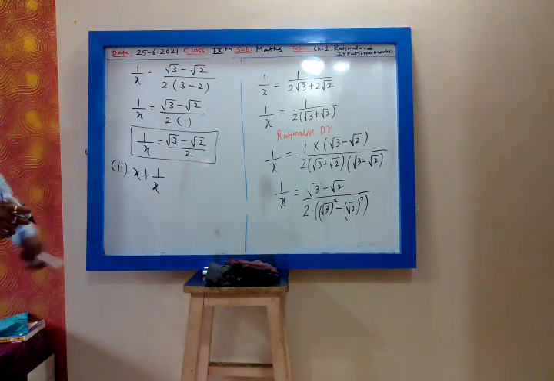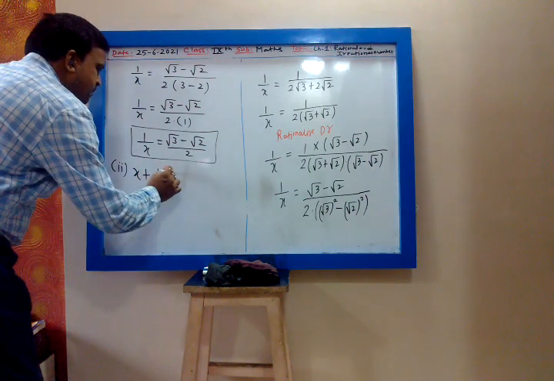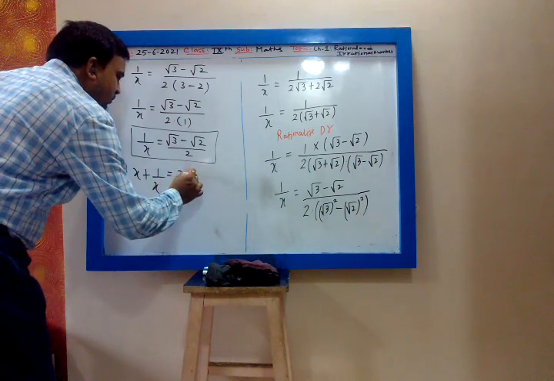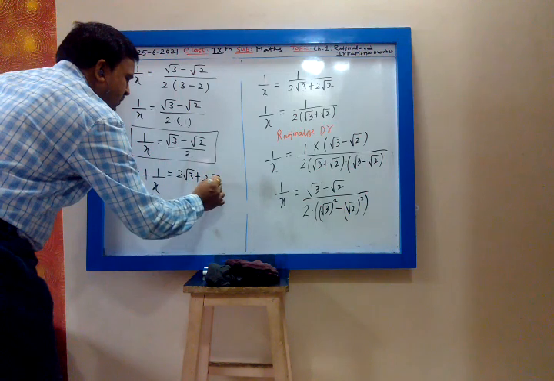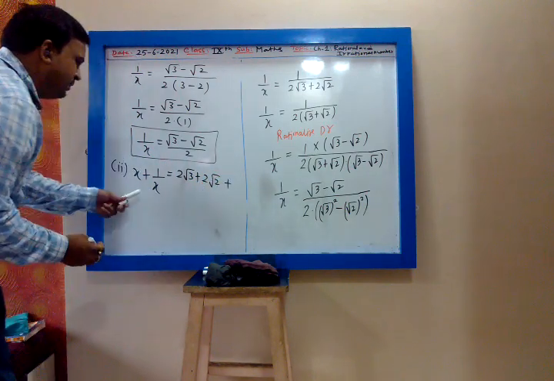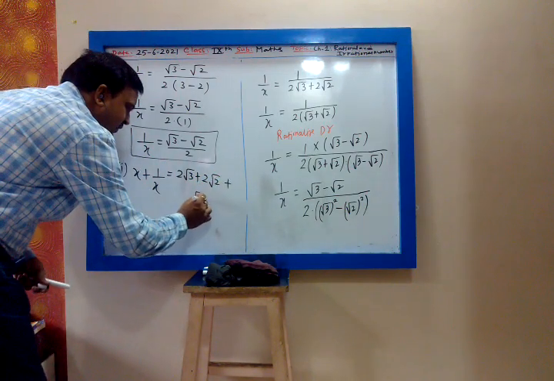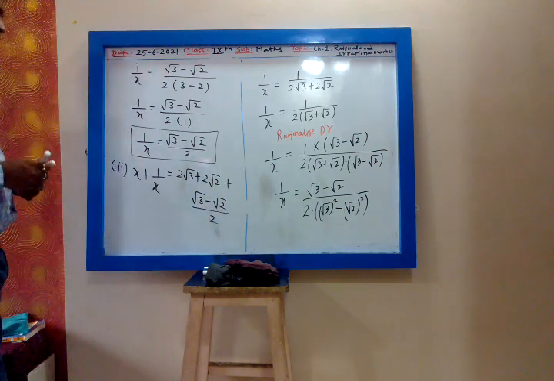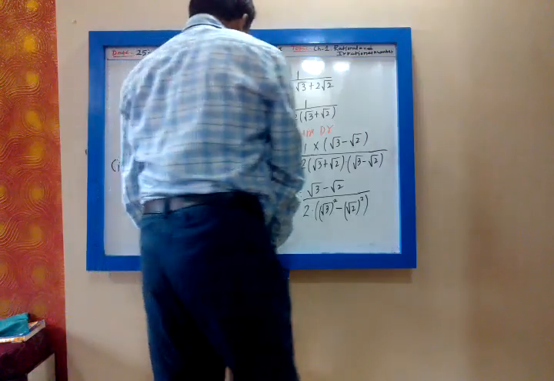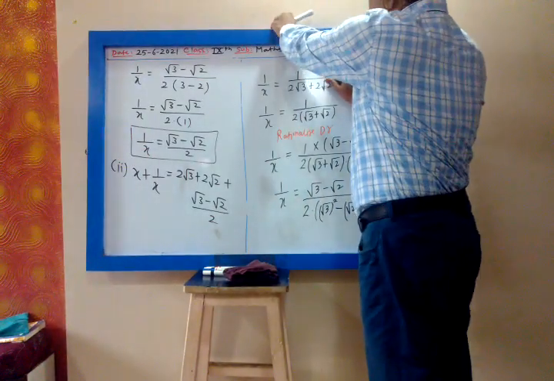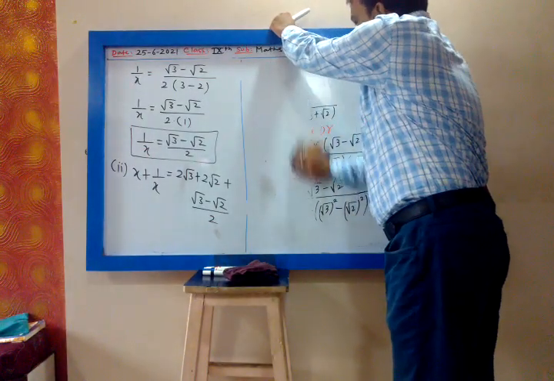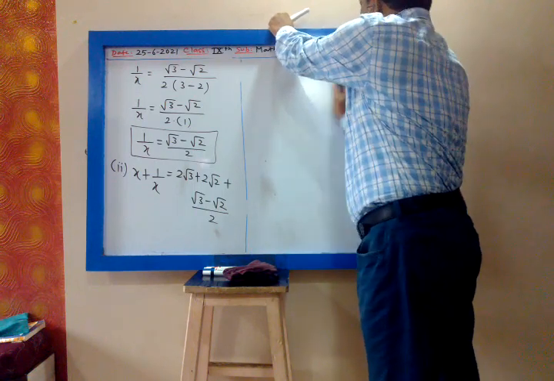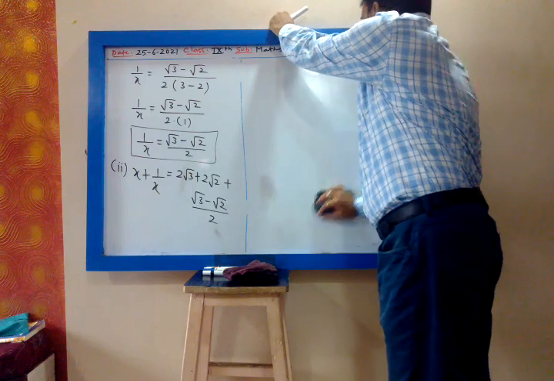So you just put the value of x and 1 by x. x is 2 root 3 plus 2 root 2 plus 1 by x, and 1 by x is root 3 minus root 2 upon 2. So just simplify that, x plus 1 upon x. You have to find the LCM.